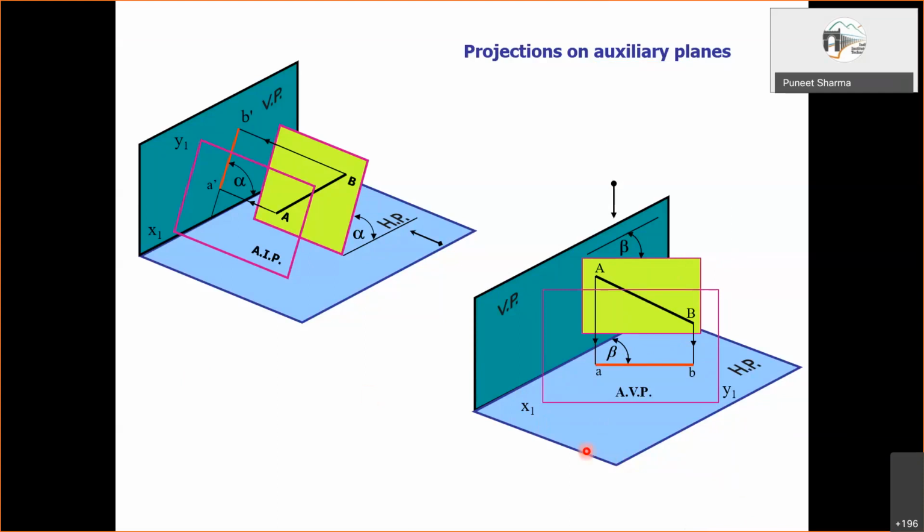So like here the intersection of AIP with vertical plane was giving a new xy line. Likewise, the intersection of this auxiliary vertical plane with the horizontal plane will give us the new xy line. Okay, so now if we project this AB onto this AVP, then again you will have the true length and the true inclination available.